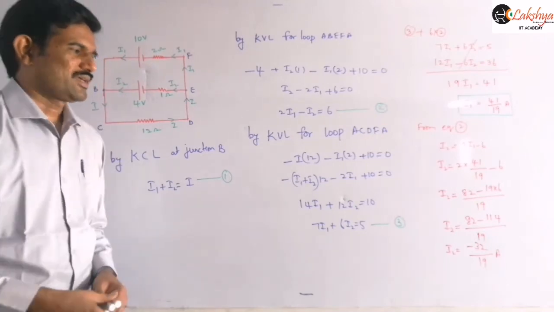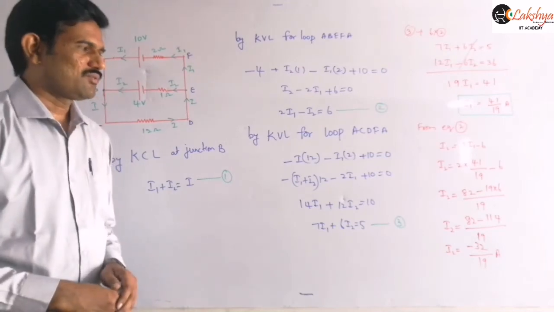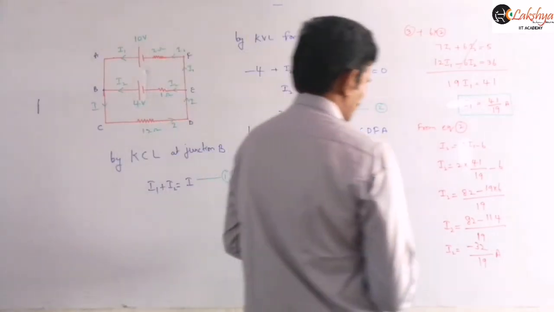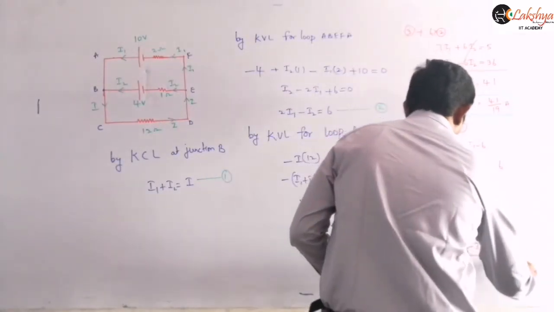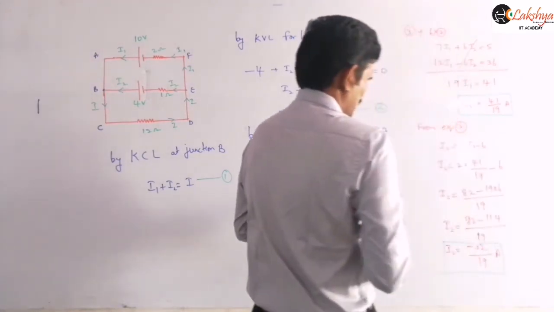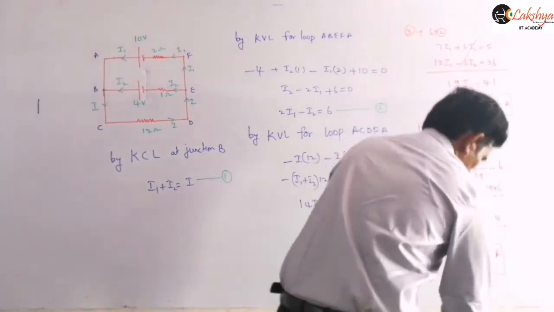So that is the current I2 value here. Now we are getting a negative sign here. This I2 value is minus 32 by 19, so we are getting this negative sign here.